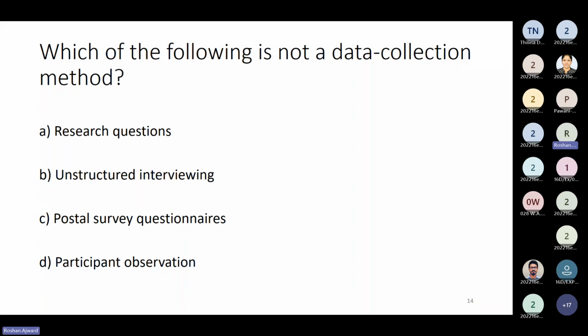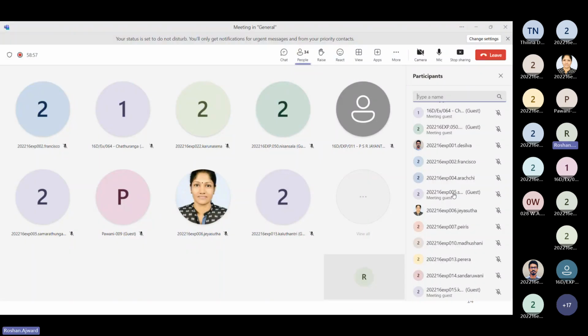Okay. Which of the following is not a data collection method? Research questions, unstructured interview, postal survey questionnaires, and participant observation. What do you think is the answer? What's not a data collection method?